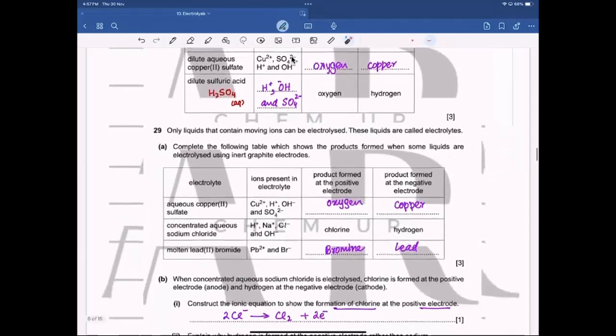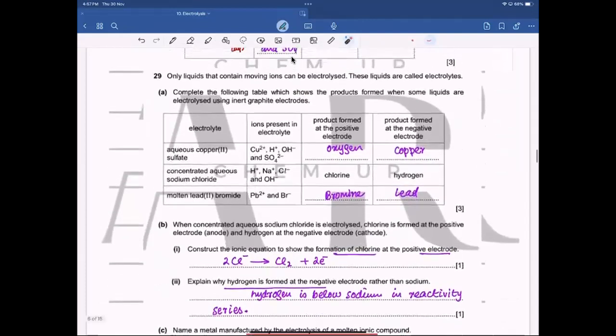Yes, sir. Okay. Now, see, here they have asked you for the equations, how you will write the equation. See, they say concentrated aqueous sodium chloride. So, chloride ion, aqueous and concentrated. We have discussed earlier, if the concentrated solution contains chloride, bromide, or iodide, then these are going to oxidize at the anode, forming chlorine, bromine, and iodine.